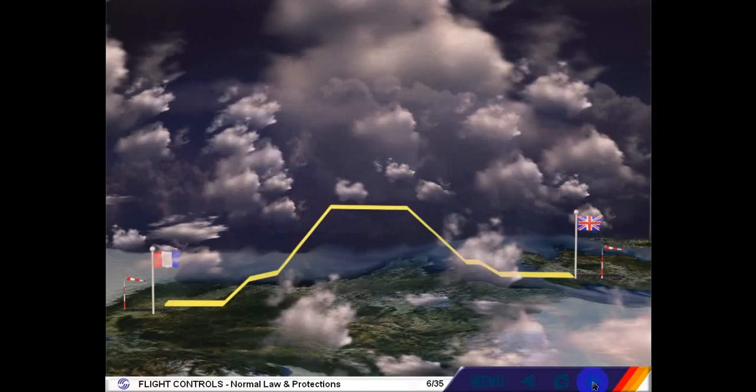Normal law is modified depending on the phase of flight. It operates in 3 modes. Ground mode operates on the ground when the aircraft is electrically and hydraulically powered. Controls are conventional. Flight mode operates in the air after a gradual transition from ground mode just after liftoff.